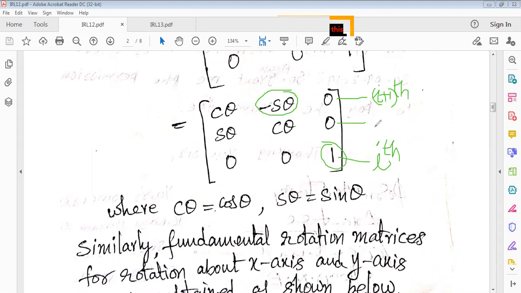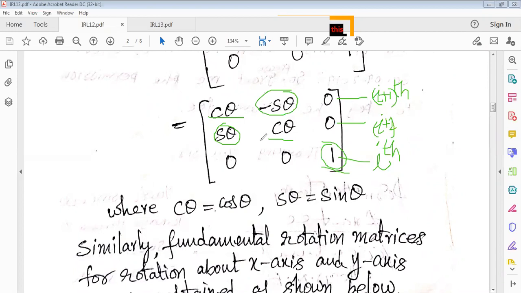This is the i plus 2th row, and the off-diagonal element is sin theta. The diagonal elements are cos theta at 1, 1, cos theta at 2, 2, and 1 at 3, 3.